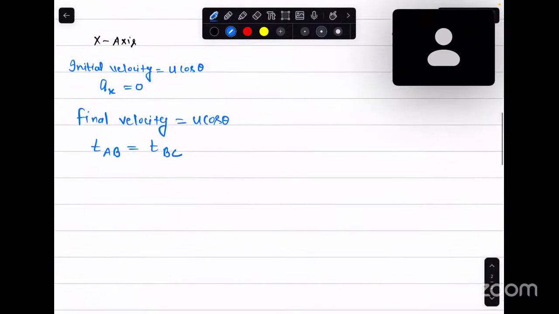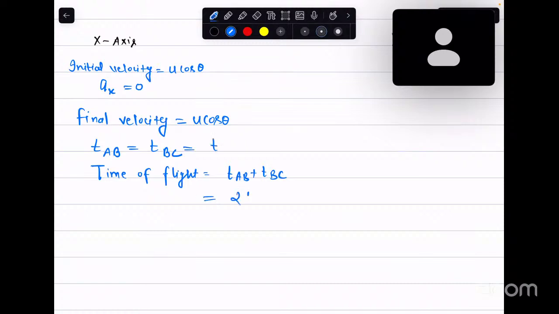So the total time period, or total time of flight, will be TAB plus TBC. If I call it small t, then this will be 2t. So capital TF, time of flight, will be twice small t.